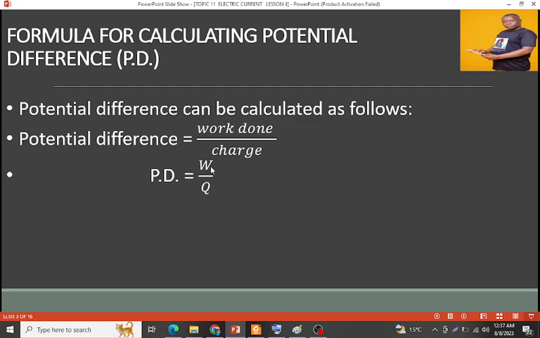If you know the energy required to move an amount of charge, you simply divide that energy by the charge that has been moved. So voltage or potential difference is equal to work done divided by charge. Remember, Q stands for charge or quantity of charge.